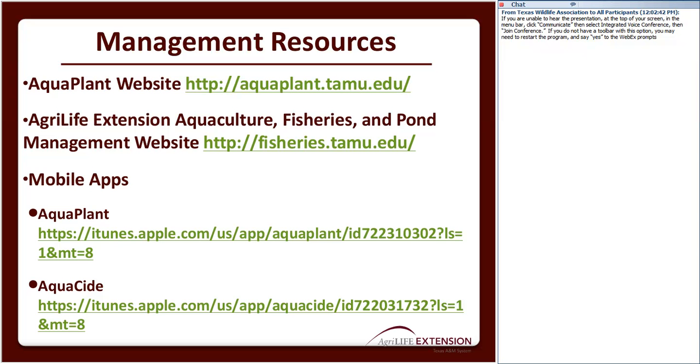It is essentially most of the information that you'll find on the Aquaplant website, but it is in a more cell phone user-friendly format. You can move through the information a lot quicker. It's organized more efficiently. The second app down below is Aquacide. It simply shows you a picture ID guide so that you can quickly identify the plant you're looking at, and then it shows you the best ways to manage that plant.